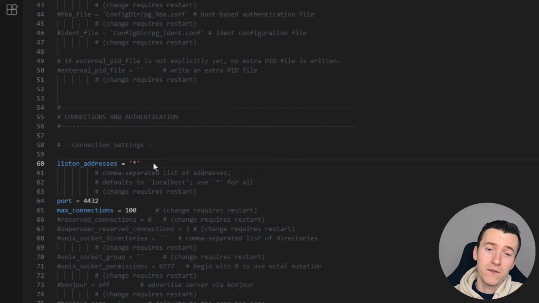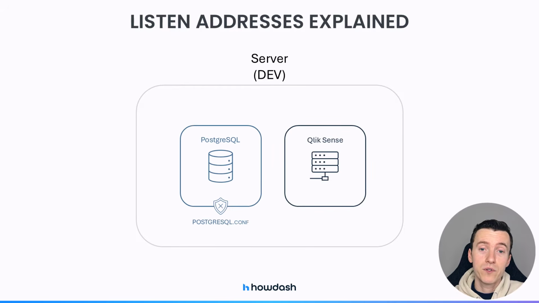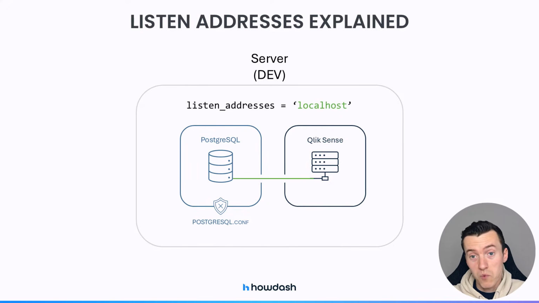The default value for listen addresses setting is localhost, which means that PostgreSQL will only listen to requests from within the same server where PostgreSQL is installed. For example, if Qlik Sense and PostgreSQL are installed on the same server with the listen addresses set to localhost, PostgreSQL will listen for and respond to requests coming from Qlik Sense.